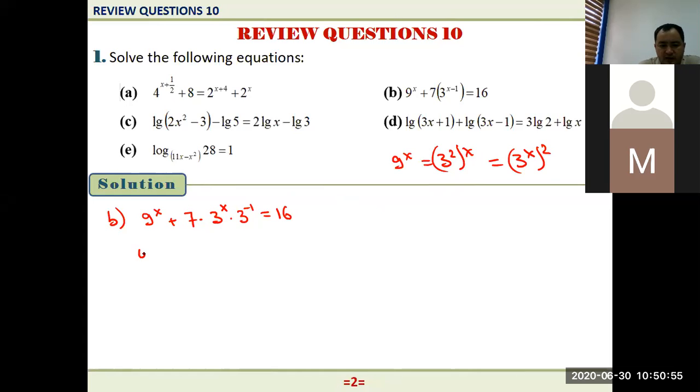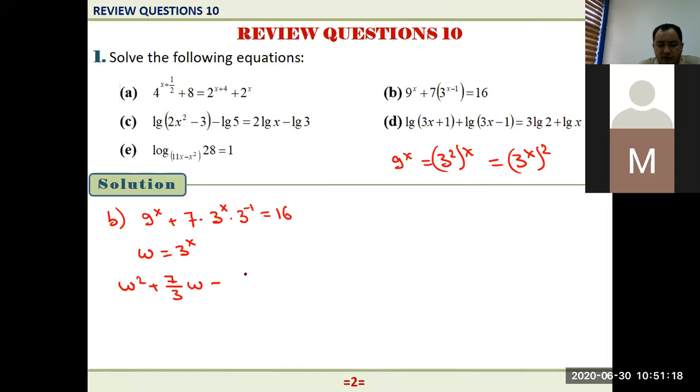And here let's use an auxiliary variable w to denote this 3 to the power x. Then 9 to the power x is w squared, plus, and we know that 3 to the power negative 1 is 1 over 3, so 7 over 3 times w.